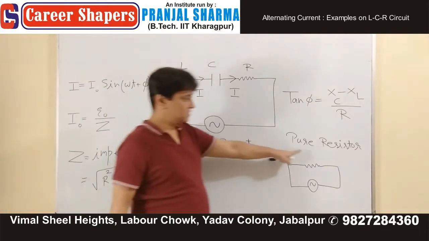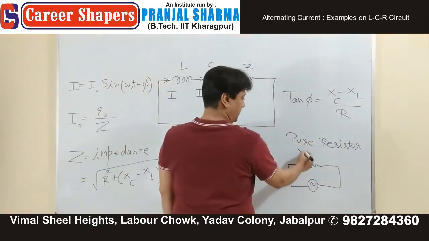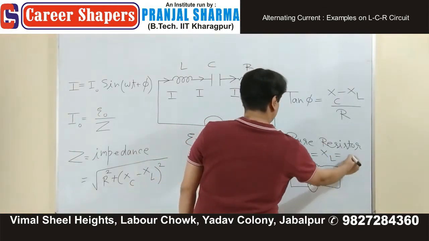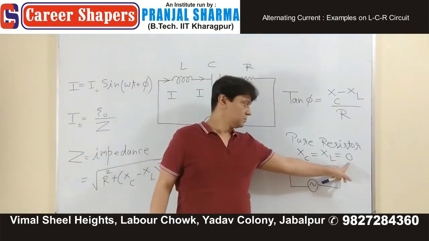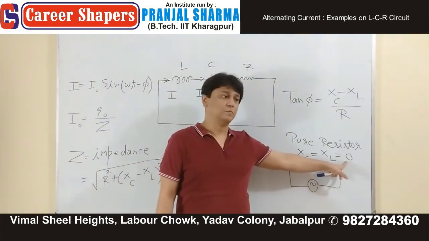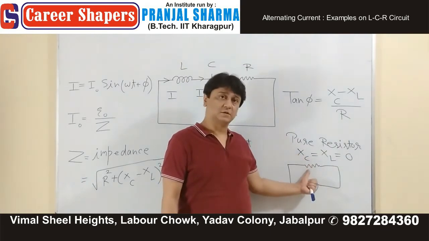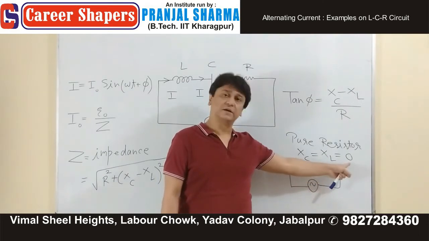For pure resistor, Xc, XL, they are not present, and therefore it is 0. Pure resistor. Xc is not present, XL is not present, take it 0.